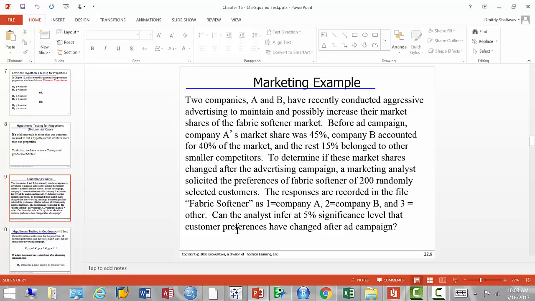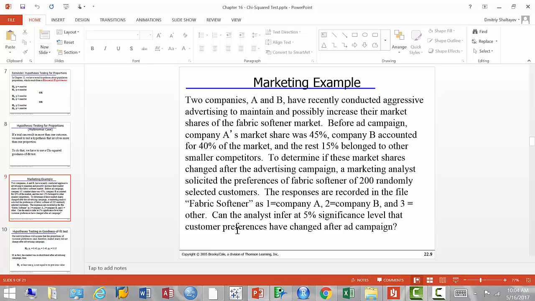The example comes from marketing. Two companies, A and B, recently conducted aggressive advertising to maintain and hopefully increase their market share. These companies are in the business of making a fabric softener for laundry. Before the advertising campaign, company A was the largest player on the market.